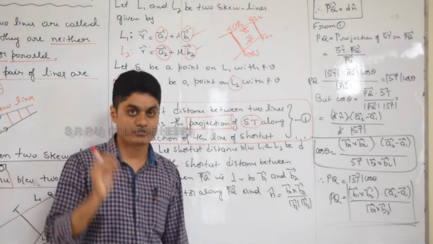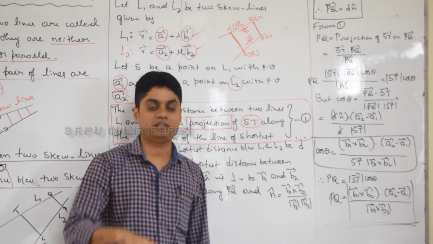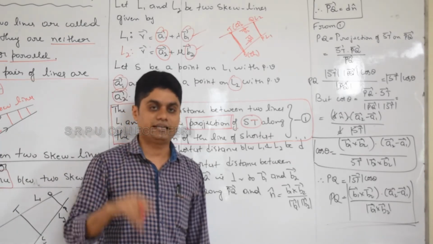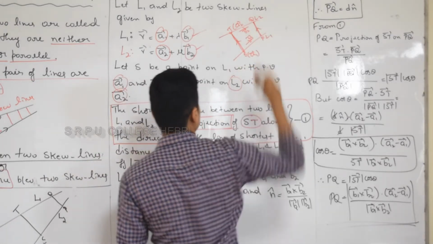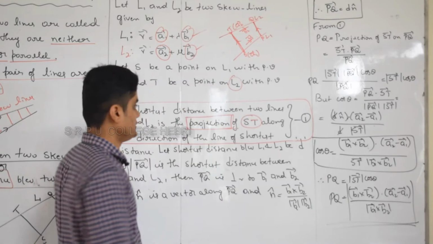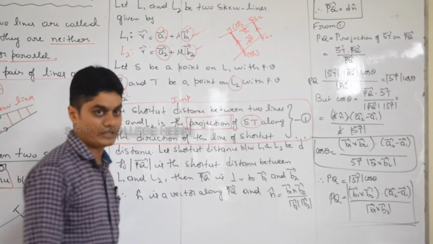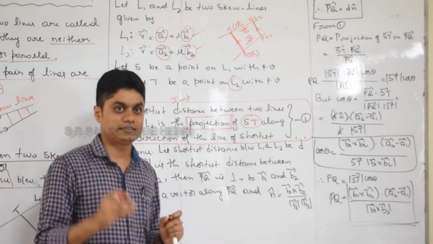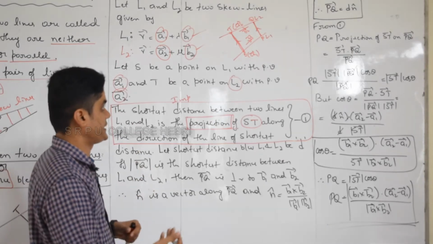So here the shortest distance between the two lines is nothing but the projection of one vector on another vector. Here one vector is vector ST, another vector is vector PQ, that you can see in the diagram. This is an important term to understand this derivation. Remember, the shortest distance between the two lines is the projection of vector ST along the direction of vector PQ.